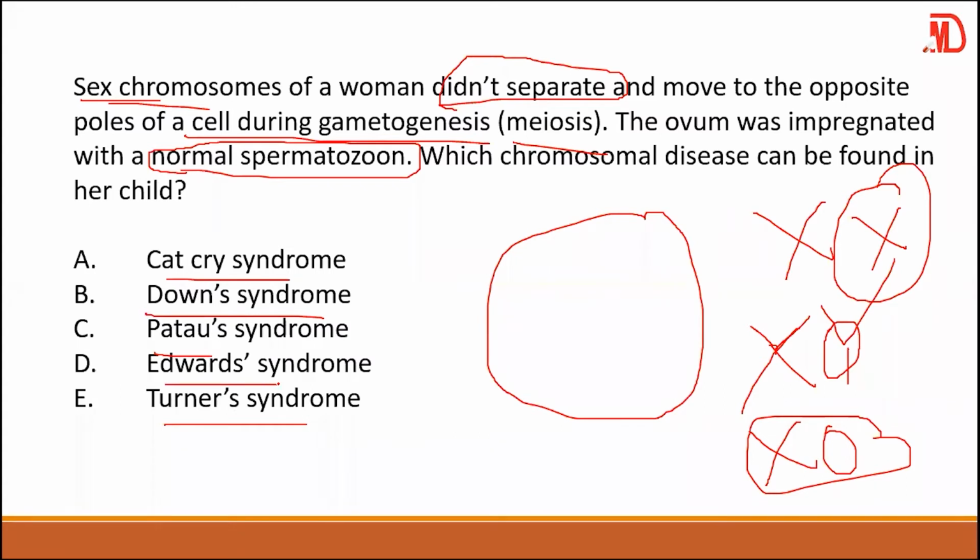If you can't remember them, I think I've explained some of these things in our biology basics. Do well to watch them. Some have to do with chromosome 21, 13, 18, and then chromosome 5. Please take note of them.